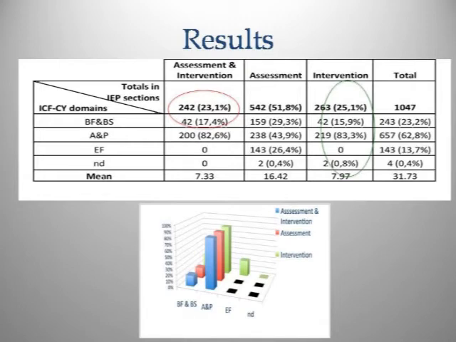So the IEPs didn't mention environmental factors in the intervention. This means that despite the ICF-CY being an important tool to describe functionality in children with ASD and in other health conditions as well, there is the necessity of training and resources to make this actually work, which unfortunately didn't happen in Portugal.